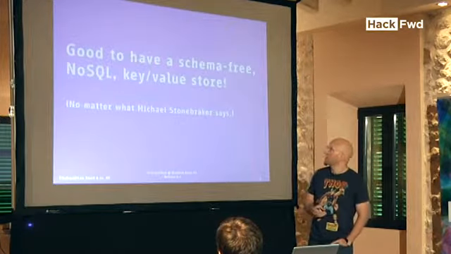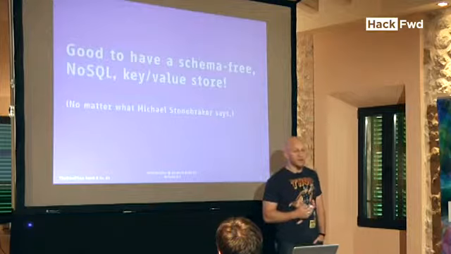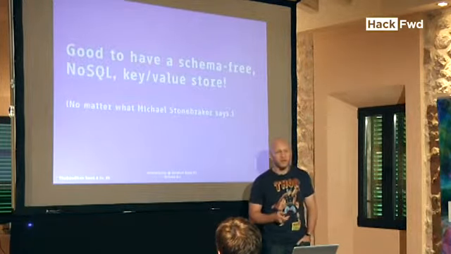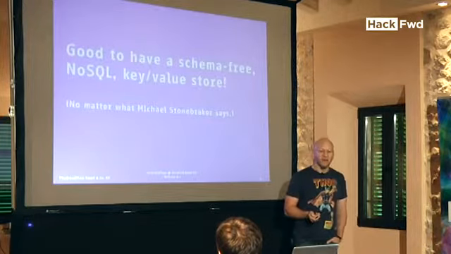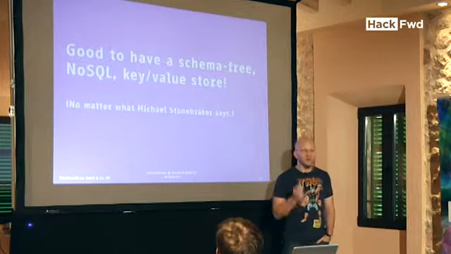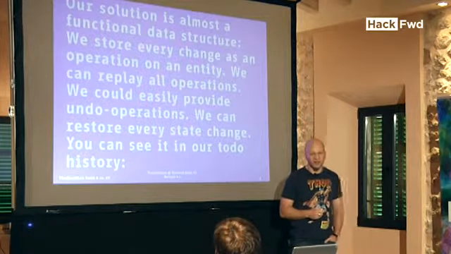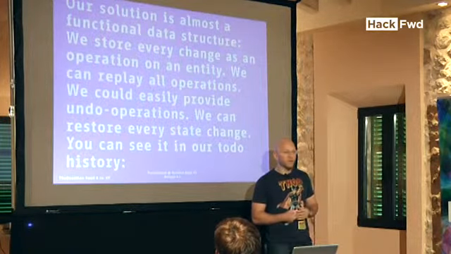We are really happy that we have a schema-free database, a NoSQL key value store. And no matter what Michael Stonebraker, the database guru, says, we think that this is the way you should work with modern applications. Our solution is almost a functional data structure.